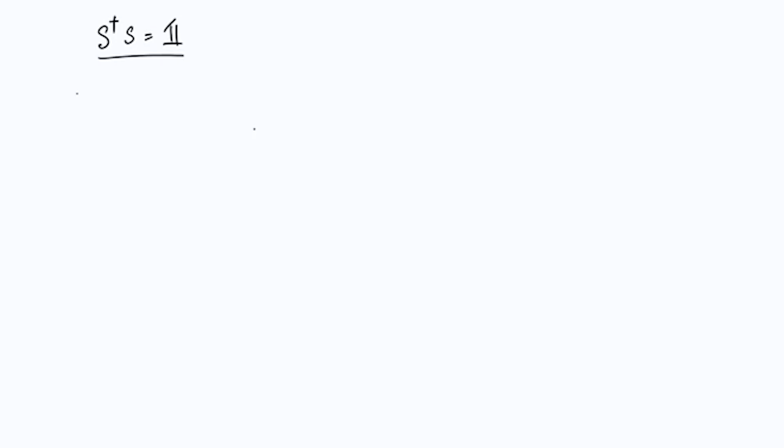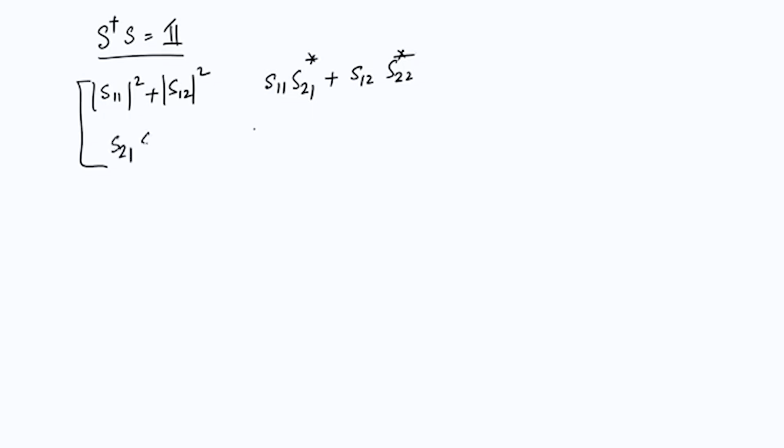I can write S dagger S as S11 mod square plus S12 mod square, S11 S21 star plus S12 S22 star, and S21 S11 star plus S22 S12 star, and S22 mod square plus S21 mod square.